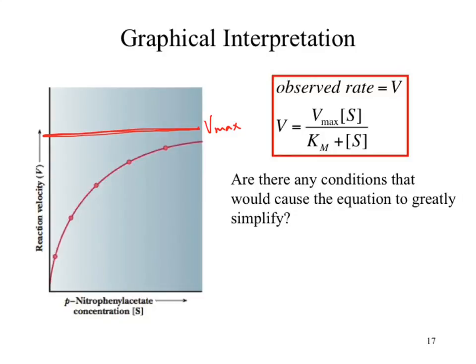That's where this becomes a little bit weird. What happens at exactly 1/2 Vmax? So 1/2, we're going to look at this distance, and half of that is roughly here. What happens at that condition?